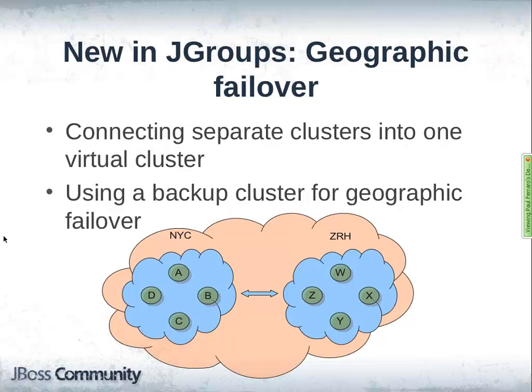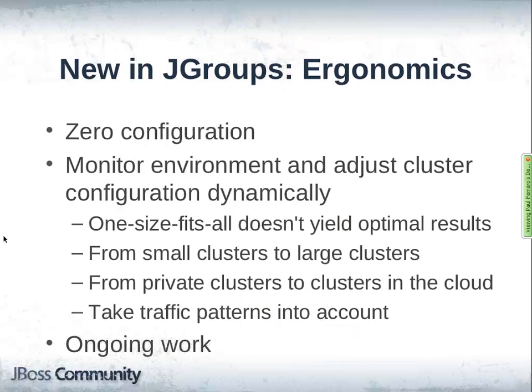Thank you. So one feature that's new to JGroups, and that's an ongoing feature, is Ergonomics. We try to minimize the configuration of JGroups. In the best case, and that's the goal actually, you will only have to specify what transport you want to use, TCP or UDP.